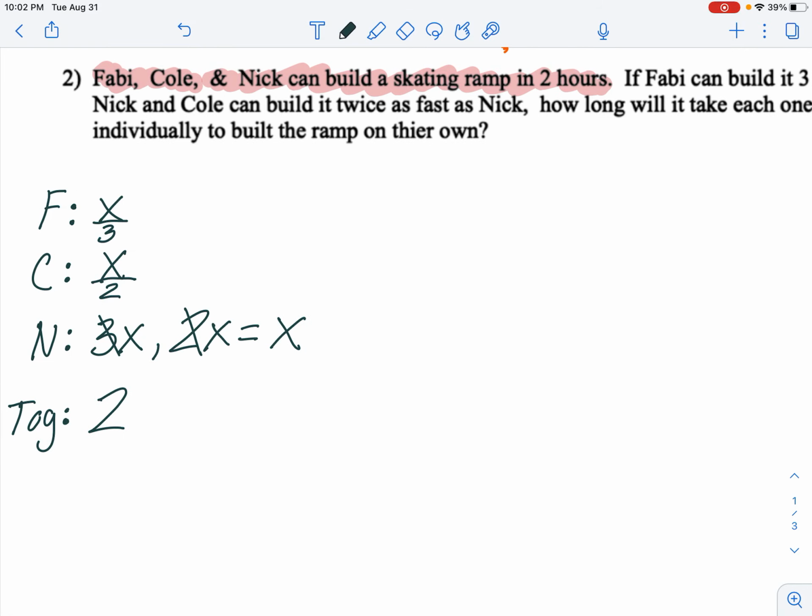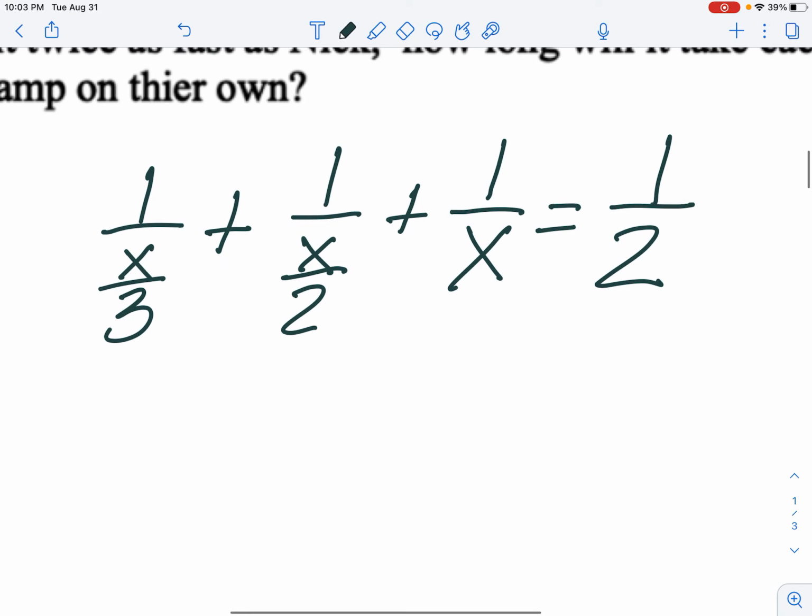We're going to do Fabi first, which is 1 over x divided by 3, plus Cole, which is 1 over x over 2, plus Nick, which is 1 over x, and together they do the job in 2 hours.